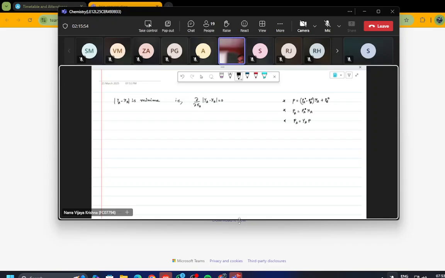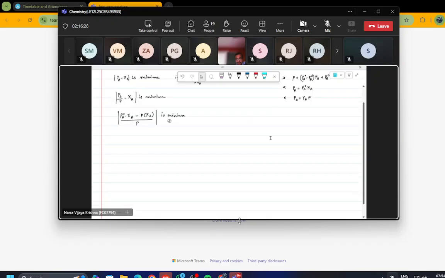So instead of Ya, can I write Pa upon P minus Xa is minimum? Correct? Instead of Pa, can I write Pa naught into Xa? So Pa naught into Xa minus P into Xa upon P is minima. Accepted, sir?